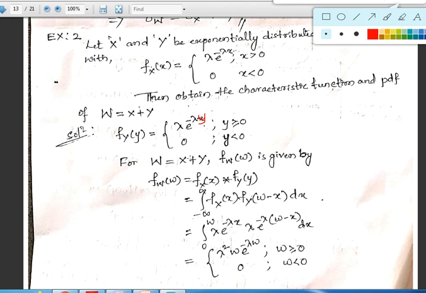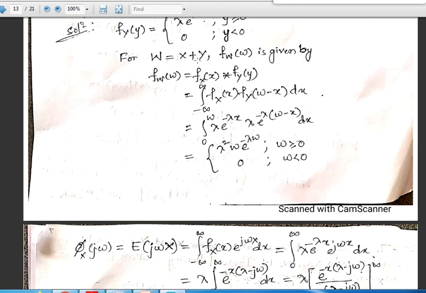So by taking this, w is equal to x plus y, where f_W of w is given by f_X of x convolution f_Y of y. Let's see how it happens: the integration from minus infinity to plus infinity of f_X of x and f_Y of w minus x dx.